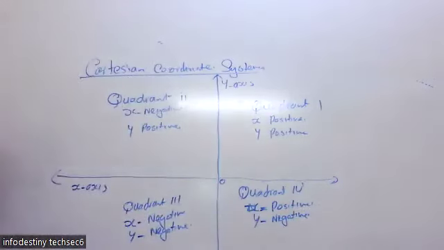So that is how it's going to be. It divides the plane into 4 parts, so you can now identify where we have positive and negative values.